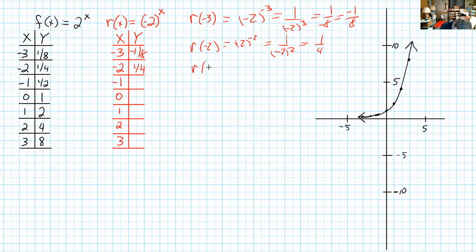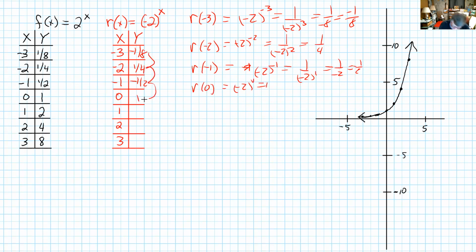If x is -1, R of -1 equals -2 to the -1 power, which is 1 over -2, which is -1/2. If x is 0, R of 0 is -2 to the 0 power, which is 1.